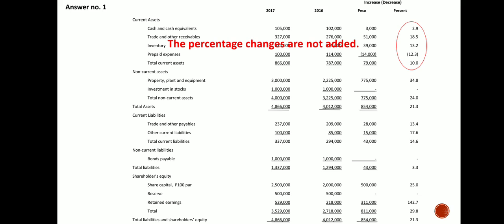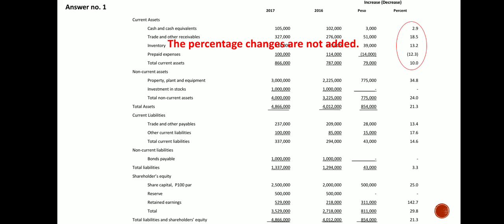So wala na to gi-total ang tanang percentage to get the total percentage of change sa current assets. So what we did, as I said, nag-compute ta separately sa percentage of change sa current assets. So, wala na to siya gi-add ang percentage of change tanan to get the total. So, what we did is atong gi-compute every single item. Bisan ang total current assets, atong gi-compute ang iyahang percentage of change.